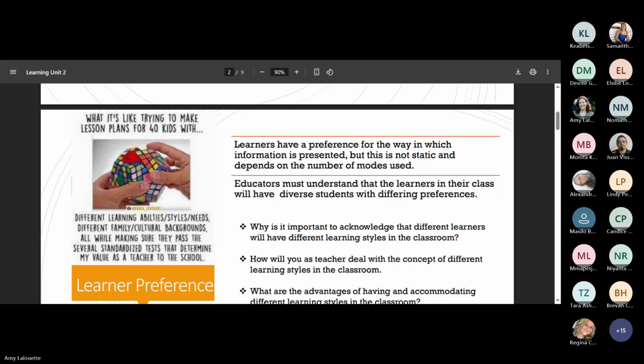So you will not be able to cater to every single learner in every single lesson. And that is absolutely fine. If you try and cater to all of the learning preferences, it's most likely that your lesson is going to be a mess. However, you want to try and cater to as many different types of students as is practical.